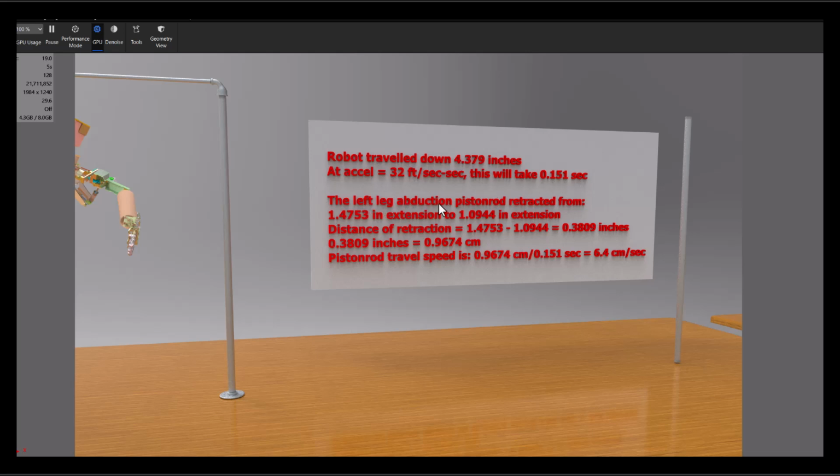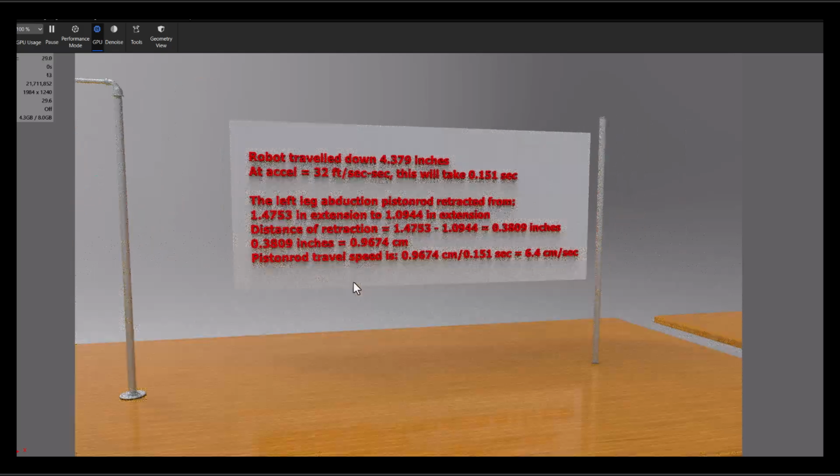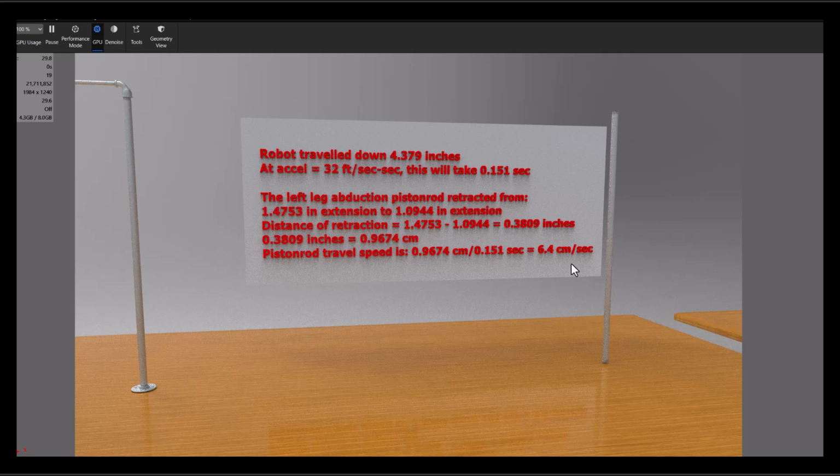Left leg abduction piston retracted from 1.4 to 1.0. The distance is 1.4 minus 1.0, 0.38 inches. 0.38 inches is 0.9674 centimeters. So the travel of the rod was 0.9674 centimeters divided by 0.151 seconds for a travel rate of 6.4 centimeters per second.